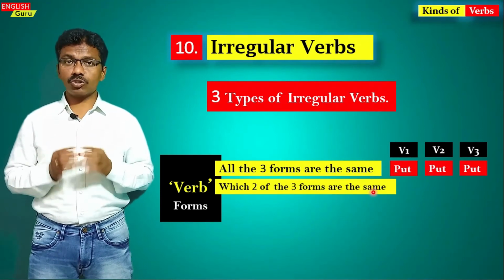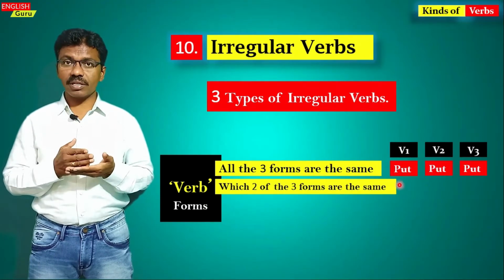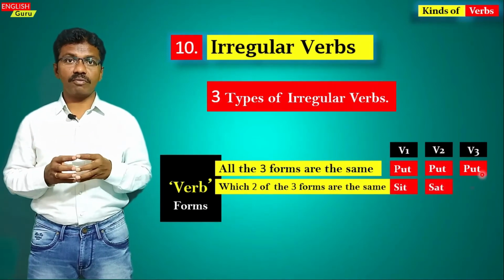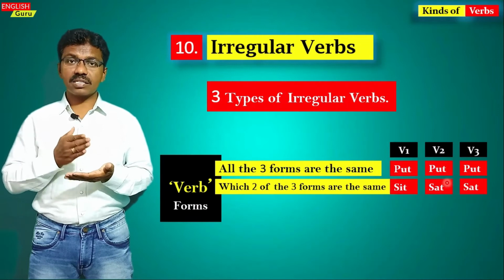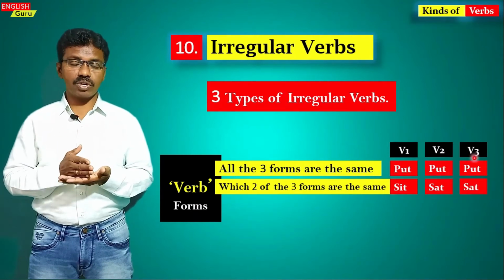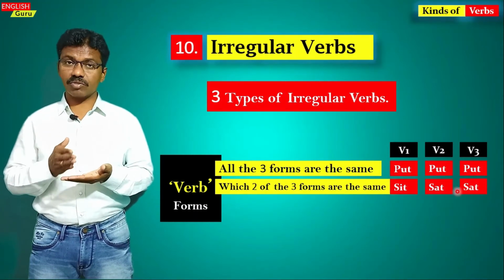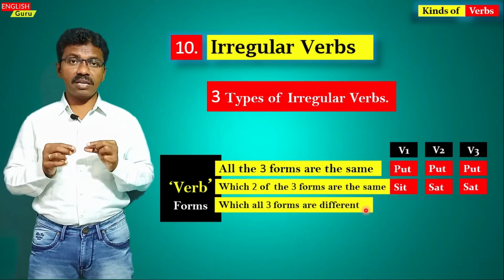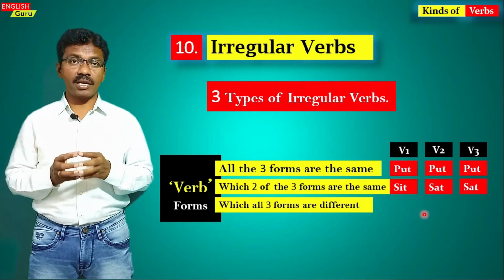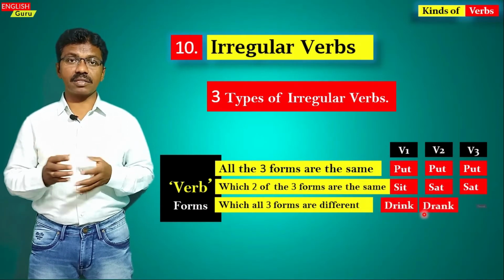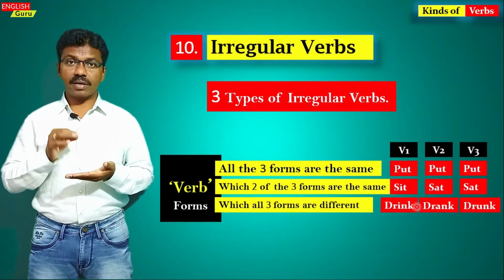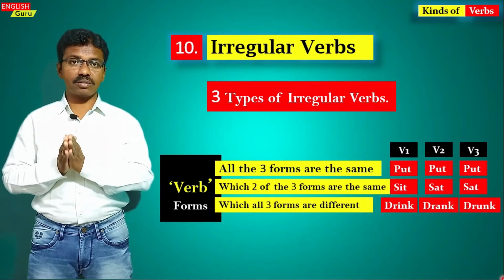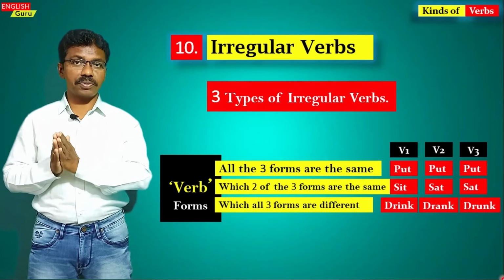The second one is where two forms of the three are the same, and one is different. For example, sit, sat, sat. Sit is verb 1, sat, sat verb 2 and 3. And the third category is where all three forms are different. For example, drink, drank, drunk. Drink verb 1, drank verb 2, drunk verb 3.